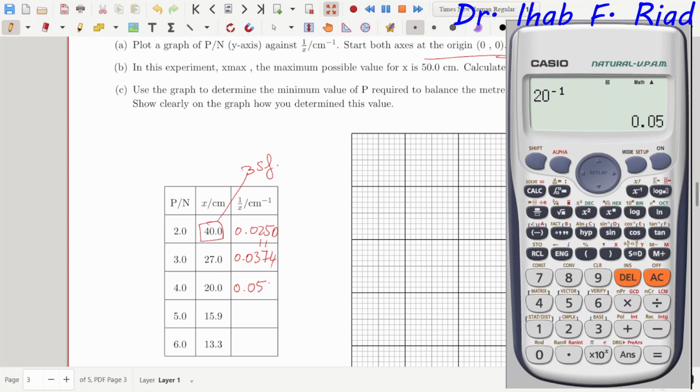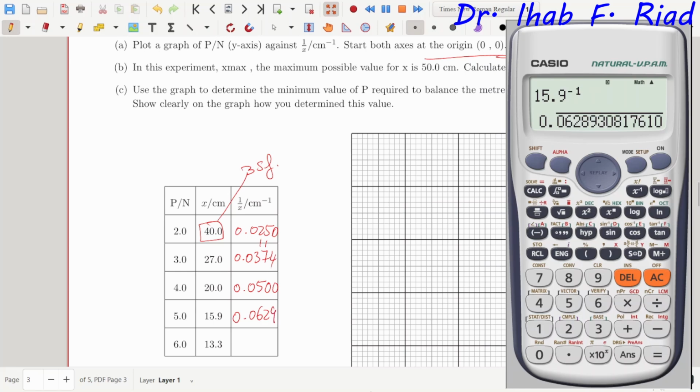This is 1 significant figure, this is 2, this is 3, so 0.0500. Then 1 over 15.9 is 0.0629.